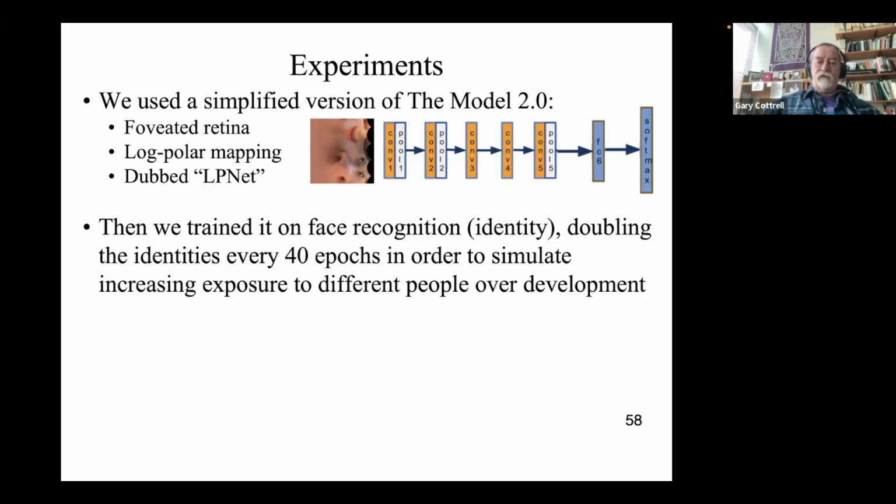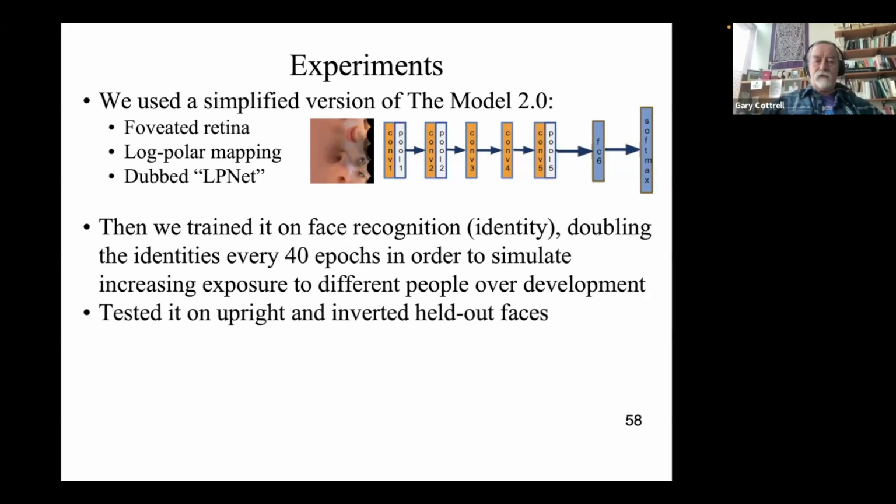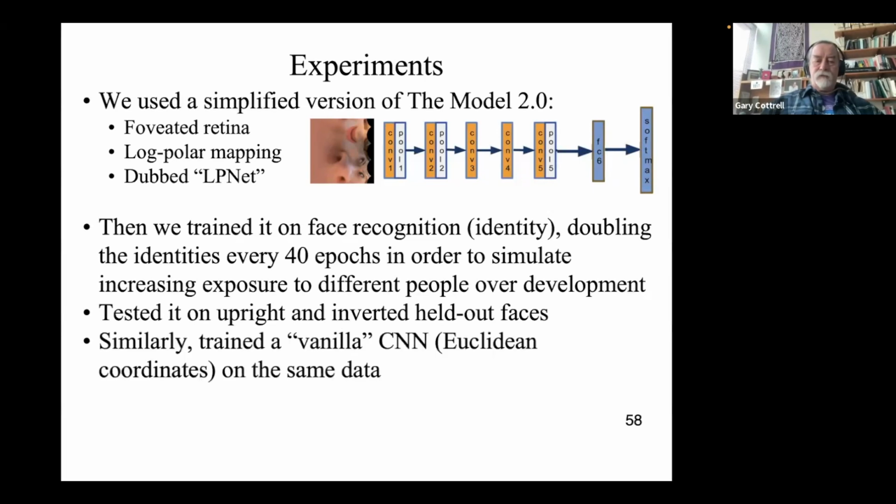So first, you know, your parents, your siblings, then you go to preschool, you learn some more faces, then you go to grammar school, you learn some more, etc. And then we tested it on upright and inverted held out faces. So obviously, in order to compare, we trained a vanilla CNN on the same data.